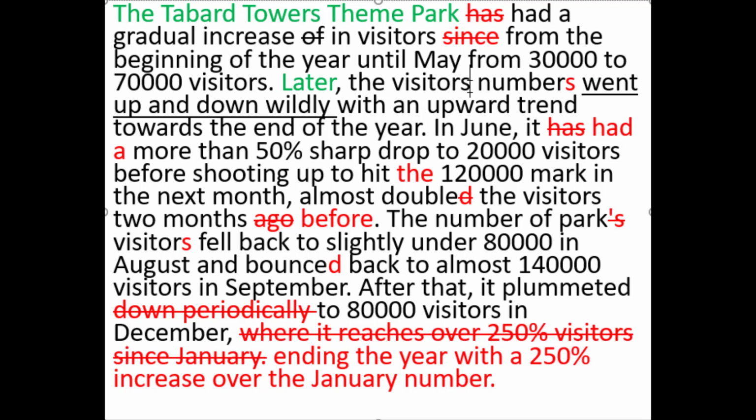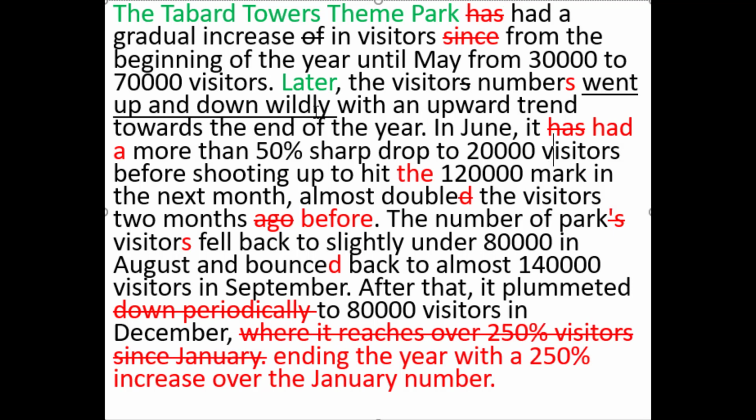The visitor, there should be no S here. So if you are using the word number with another noun, and this noun is countable, then there should be no S there. So the visitor numbers, there should be an S there though, went up and down wildly.